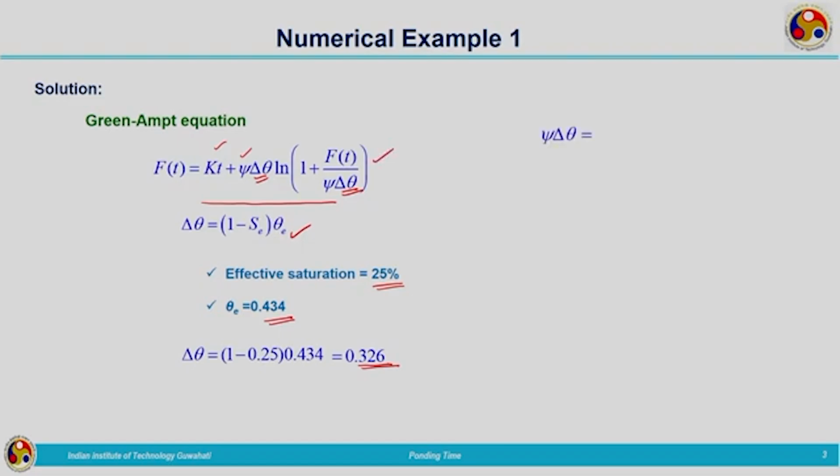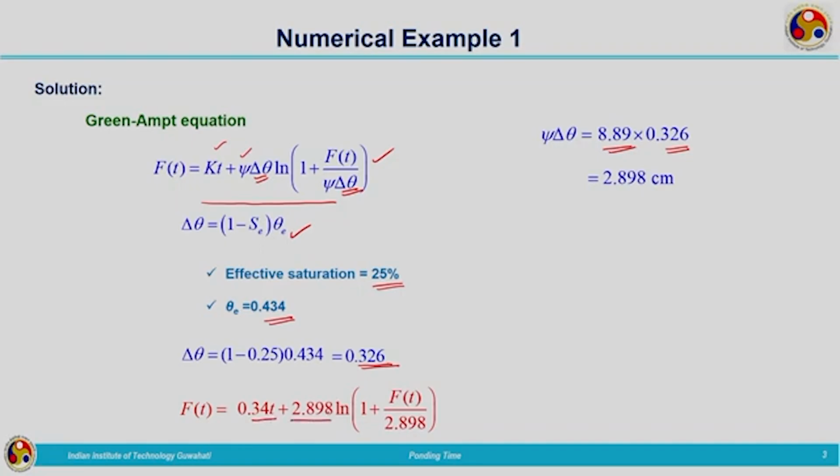The psi delta theta component we can calculate: psi is 8.89 centimeters and delta theta we have already calculated as 0.326. Psi delta theta comes out to be 2.898 centimeters. After substituting these values, F of t is equal to 0.34 t plus 2.898 ln of 1 plus F of t divided by 2.898.